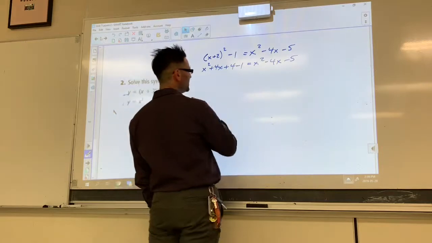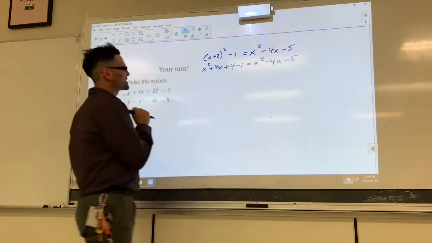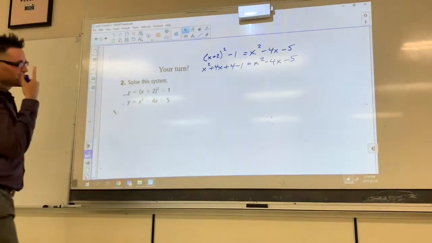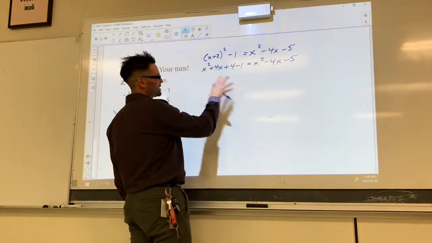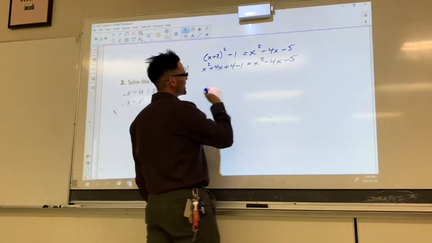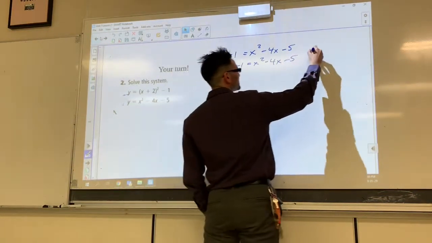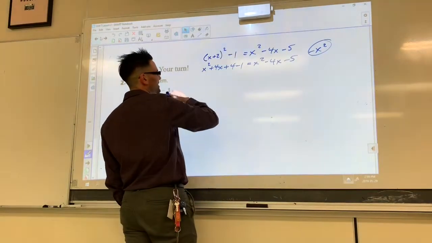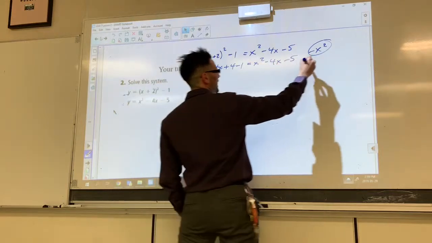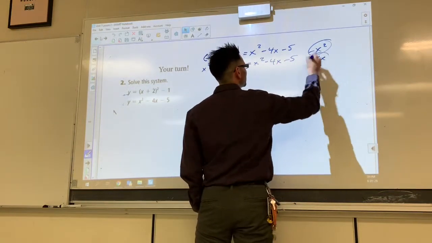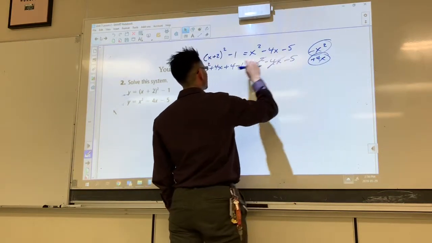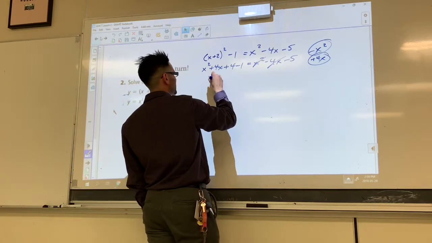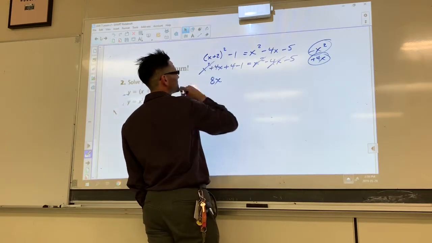Okay, ooh, look what happens here. So everyone's good to this point. You start trying to bring everything over to the same side, but when you subtract the x squareds on this side, then it's gone on that side, right? And then you have to add 4x. So that's gone, and you've got 4x plus 4x, so you get 8x, right? This one canceled.